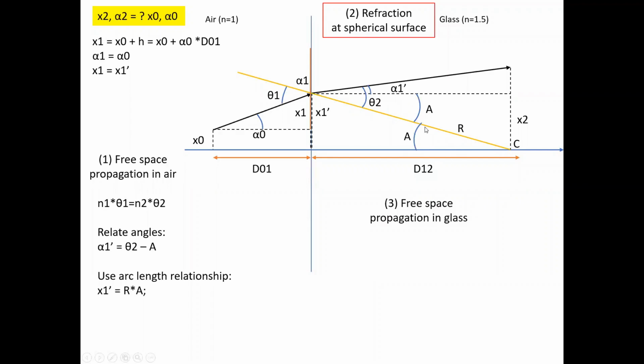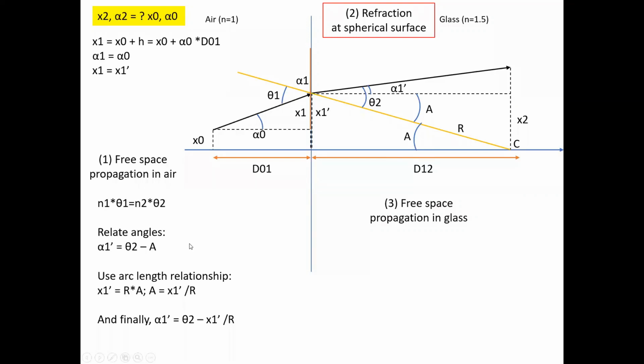So this angle A is also equal to this angle A. So x1 prime equals R times the angle A. So we are working toward a relationship here. So use arc length relationship to get x1 prime equals R times A. So A now we can figure out is equal to x1 prime divided by R.